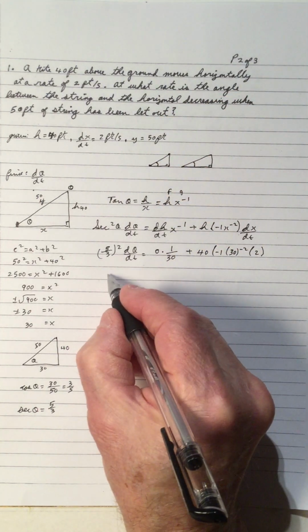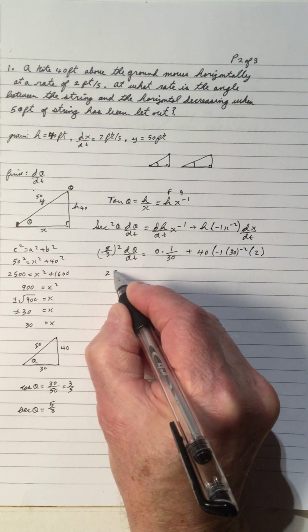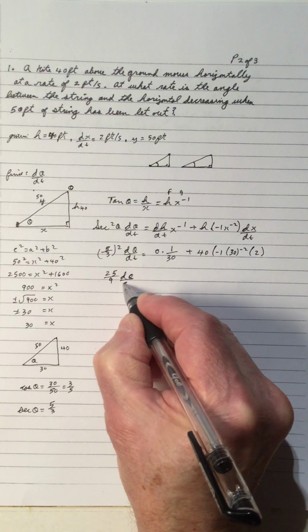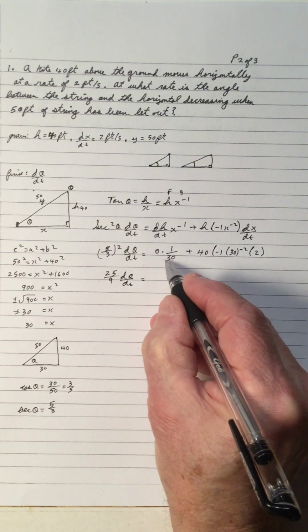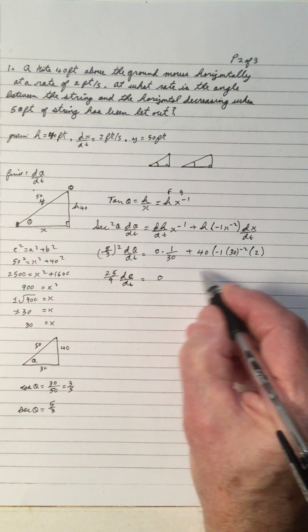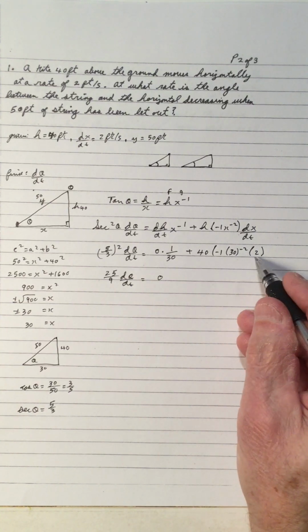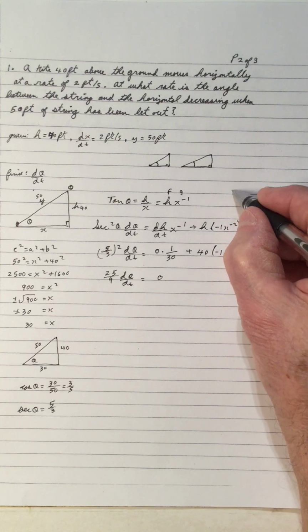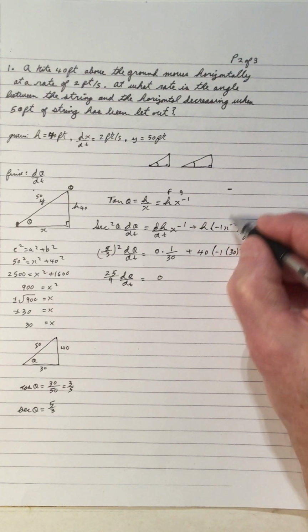So let's simplify this. So that gives us 25 over 9 dθ/dt. That's a 0. And this works out to be, so if I simplify this up here, I can put the answer. So that's a negative. And I have a 40.